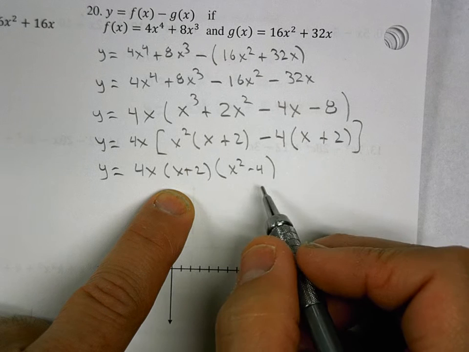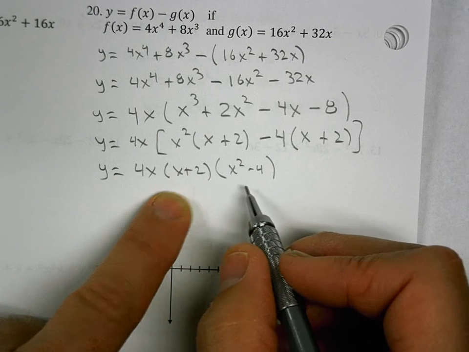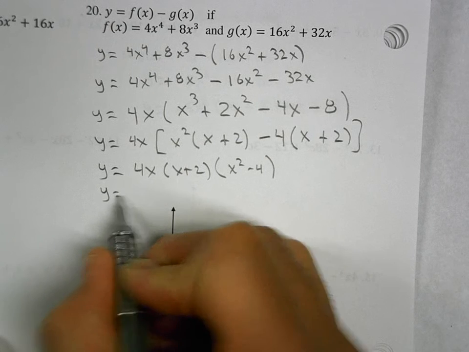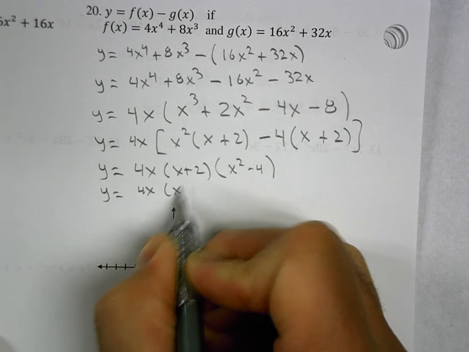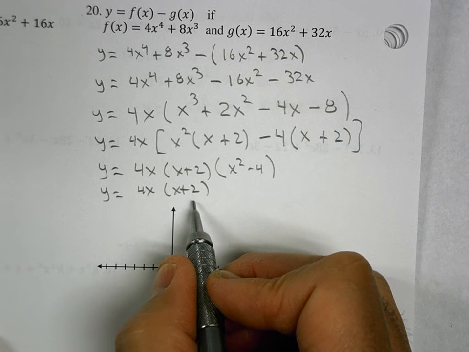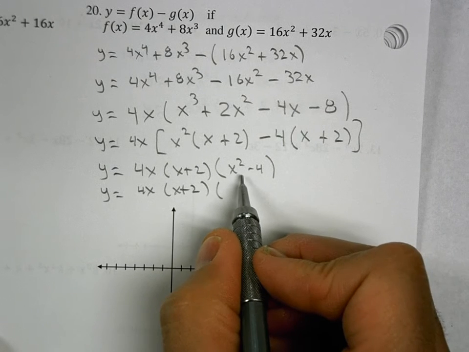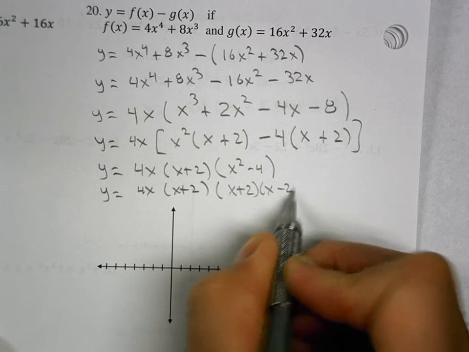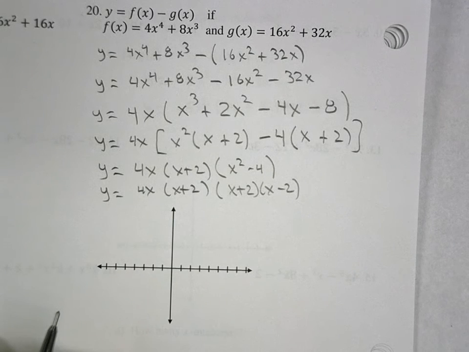But wait, yes, we can still factor this thing. This problem keeps on going, doesn't stop. So y is equal to 4x times x plus 2. Just recopy that. There you go. This is the difference of two squares. x plus 2 times x minus 2. Nice. Leave it like that?